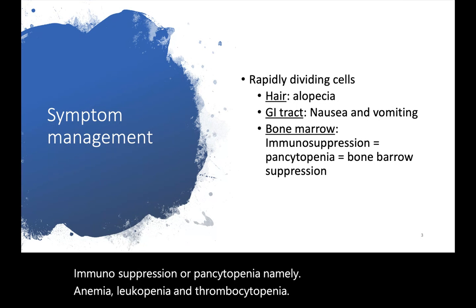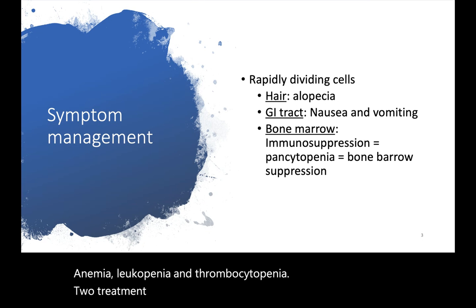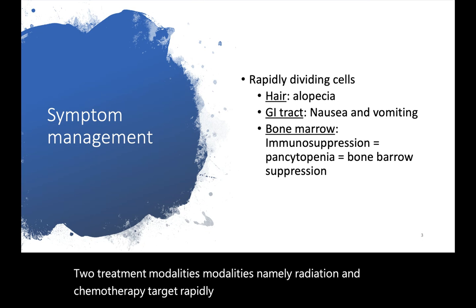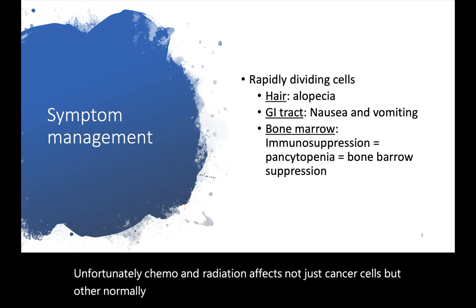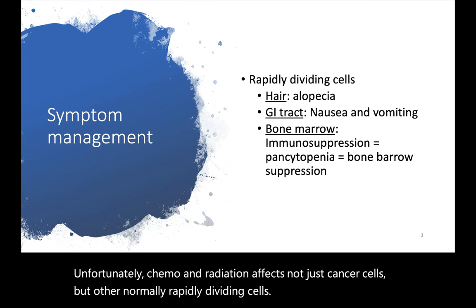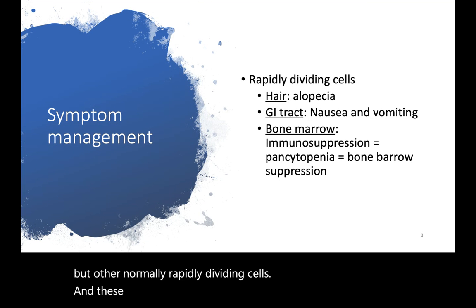Two treatment modalities, namely radiation and chemotherapy, target rapidly dividing cells. Unfortunately, chemo and radiation affect not just cancer cells, but other normally rapidly dividing cells. These include hair follicles, cells in our digestive tract, and bone marrow.